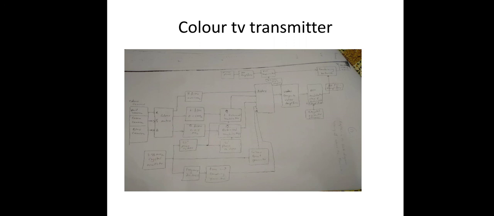Then all these signals are fed to the adder whose output composite video signal contains the Y luminance signal, synchronizing and blanking pulses, color burst signals, I signals and Q signals.